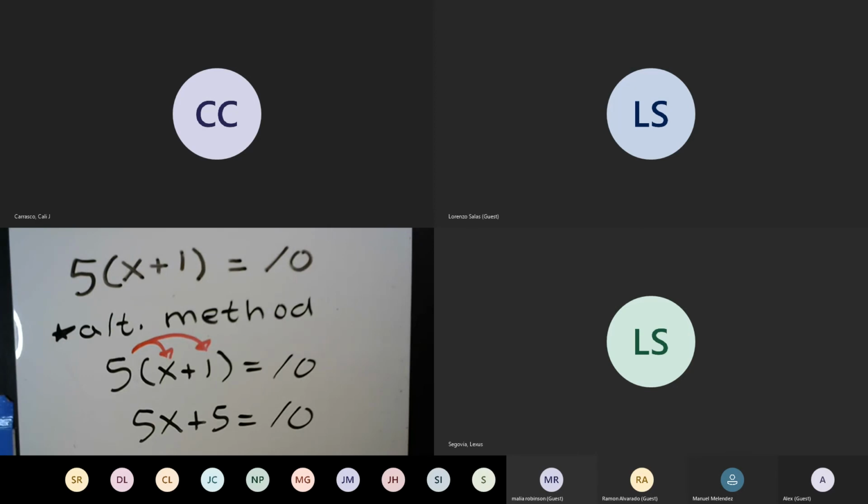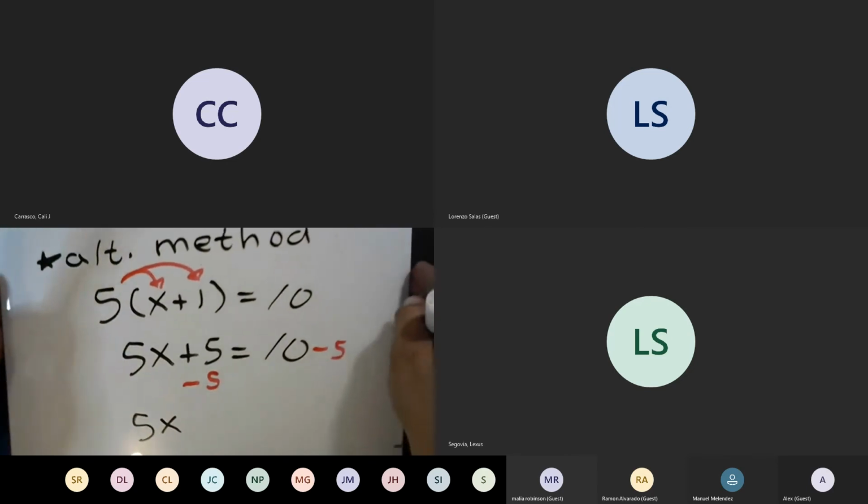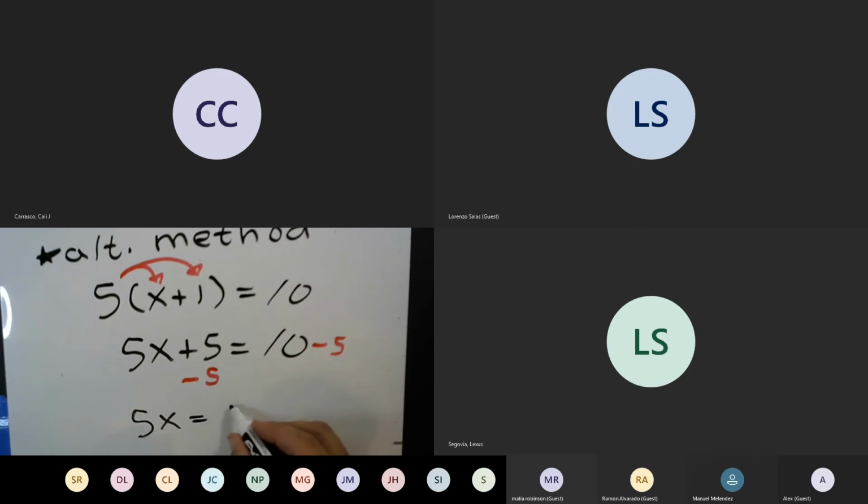And now we can go through and do our PEMDAS backwards, or order of operations, if you will. Order of operations would say do multiplication and then do addition, but we're going to undo everything. So we're going to undo the addition and then undo the multiplication. So to undo the addition, we subtract 5. We'll get 5x is equal to 5.